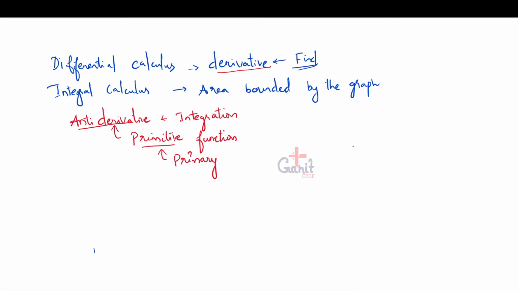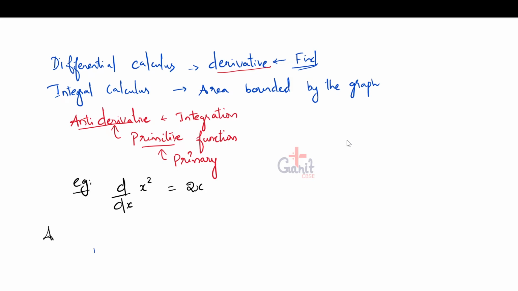For example, we can take the differentiation dy by dx of x square. You will know that when you differentiate x square, you will get 2x.